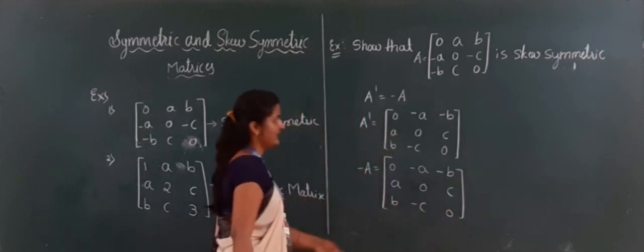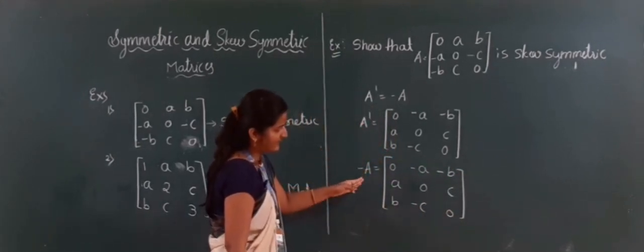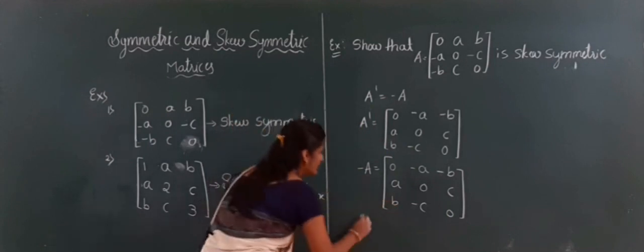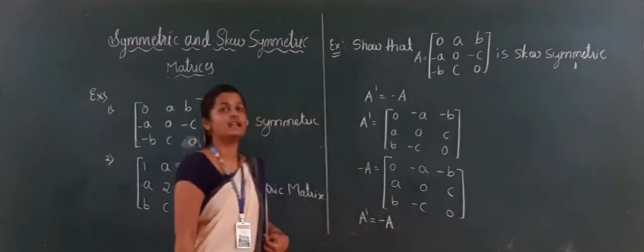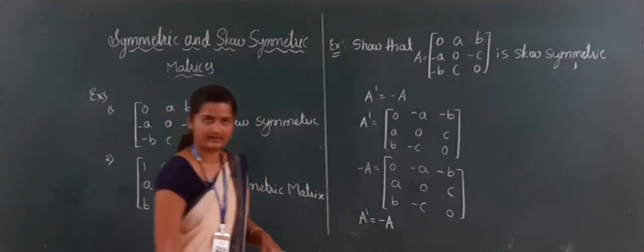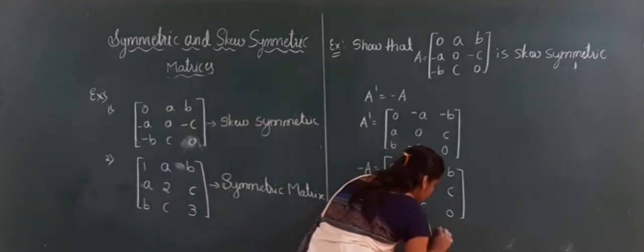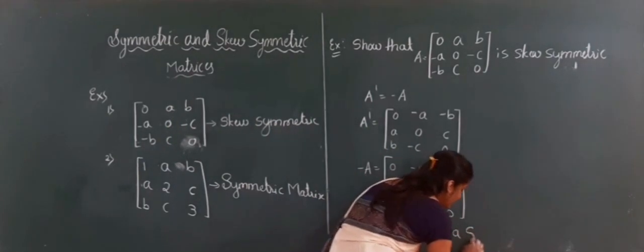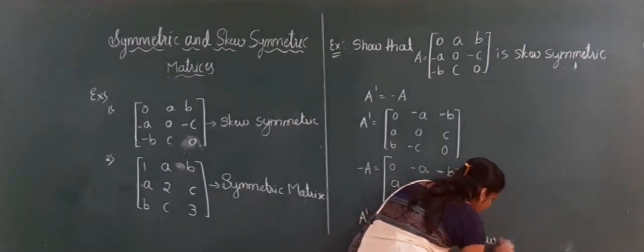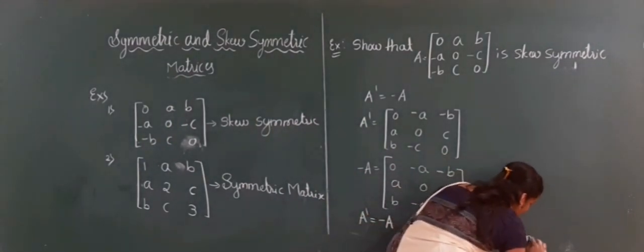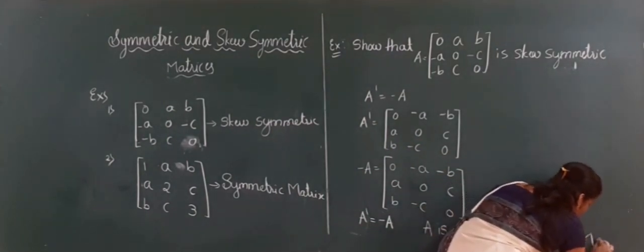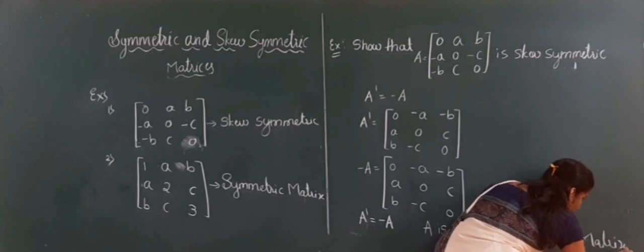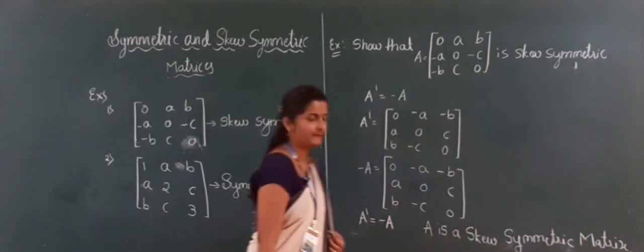Now we can directly say that A dash is equal to minus A. Both are same. So A dash is equal to minus A. Then A is a skew symmetric matrix.